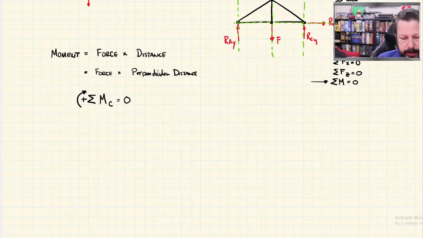So summation of moments, or let me write out how you would say this sentence here, or well, this equation.